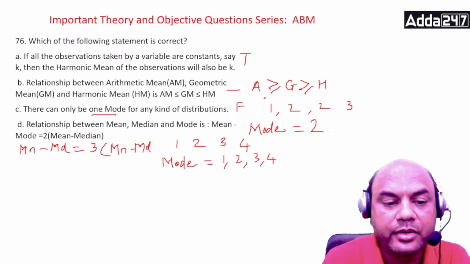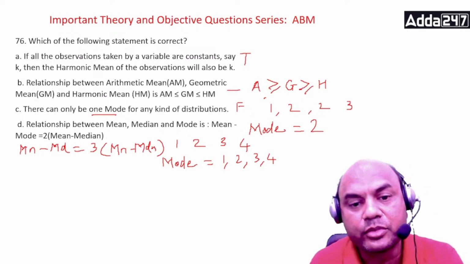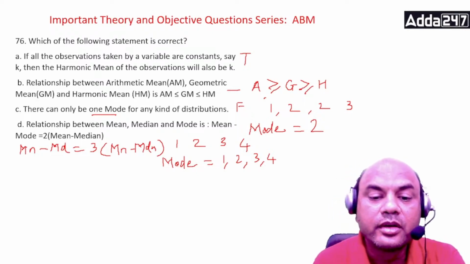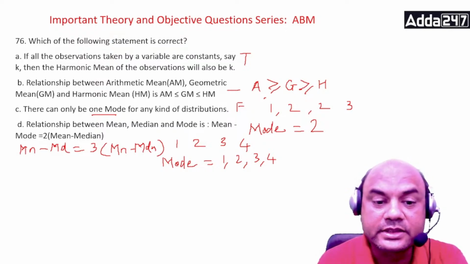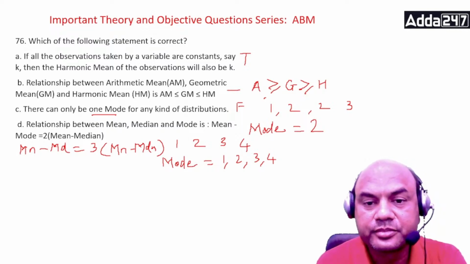So this is the exact relation. Mean minus mode equals 3 into mean minus median. This is the exact answer. Okay. Got it, everyone? Move on.